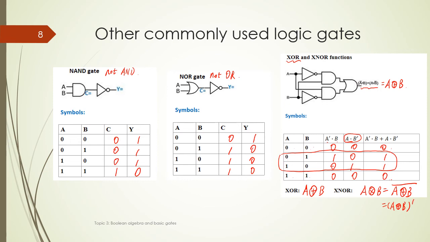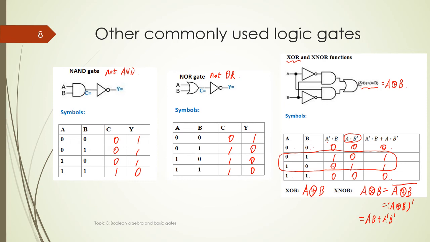And if you want to represent this using just AND, OR, and NOT, it will equal something like this: A and B, or A prime and B prime. Why is it equal to that? We will talk about this in later lectures.